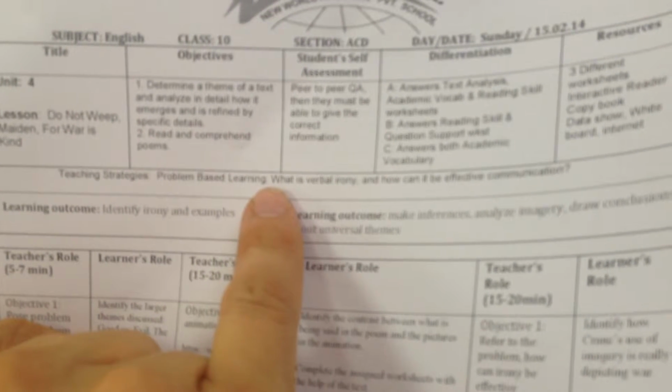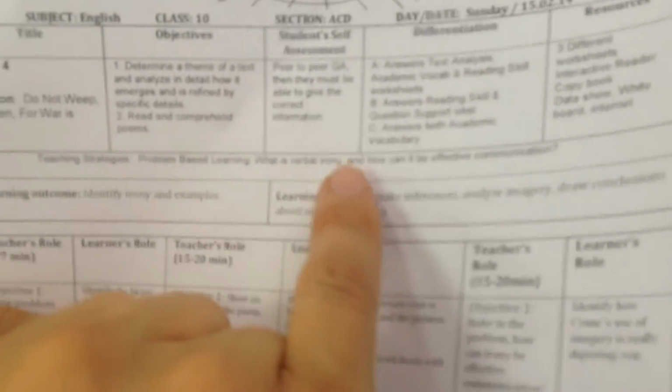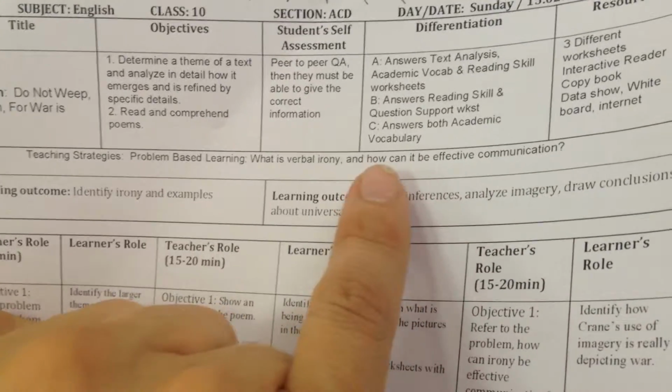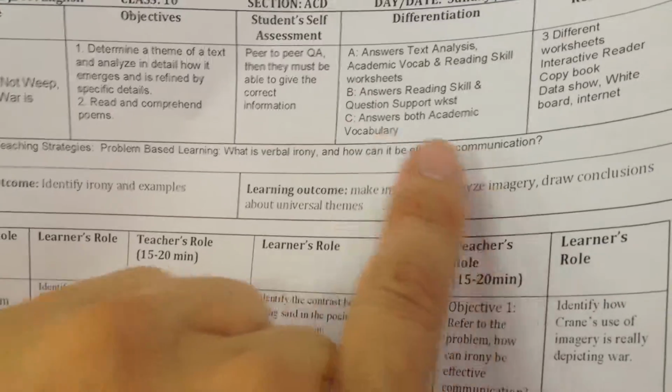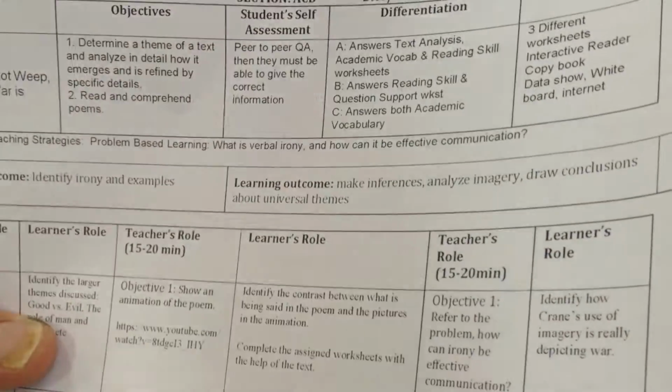So what I want them to do is understand how verbal irony can be an effective communication tool. A lot of the times we don't really say what we mean, or we don't mean what we say. We use sarcasm, other techniques to get other people to come around and see our point of view.